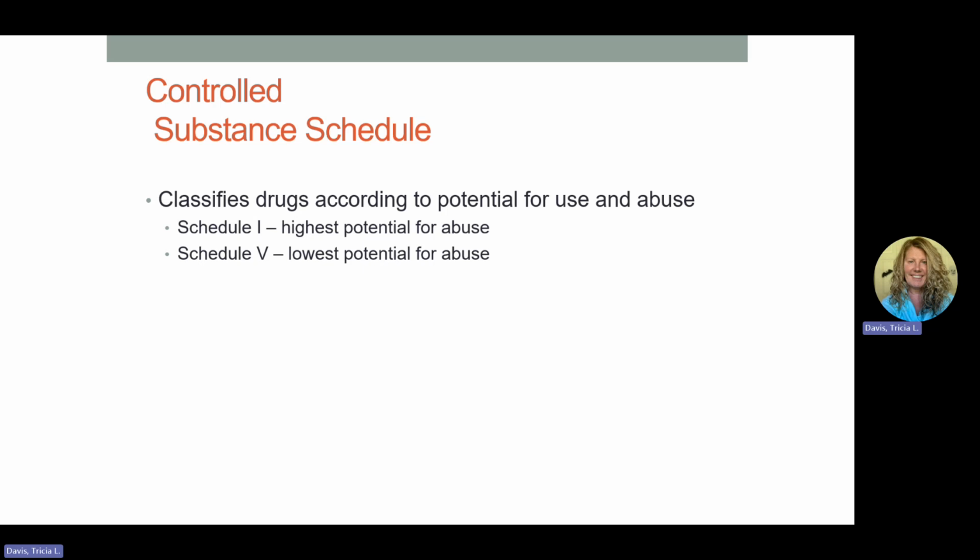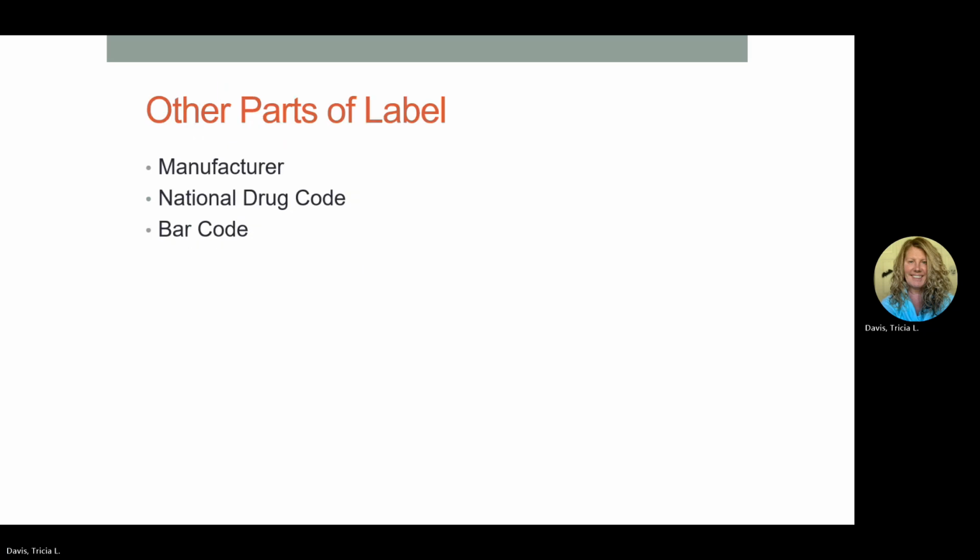So our Schedule 1 medications are always going to be our highest potential for abuse, and our Schedule 5 medications are always going to be our lowest potential for abuse. Other parts of the drug labels that you may see, there may be a barcode to scan, the manufacturer of the medication, and sometimes a national drug code.